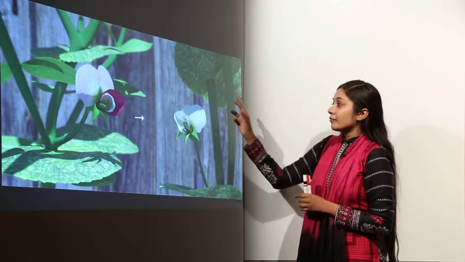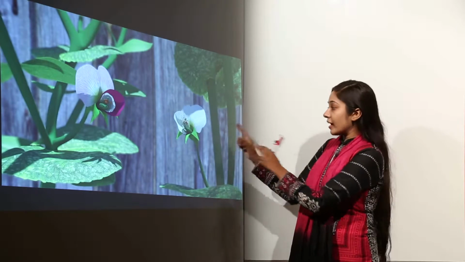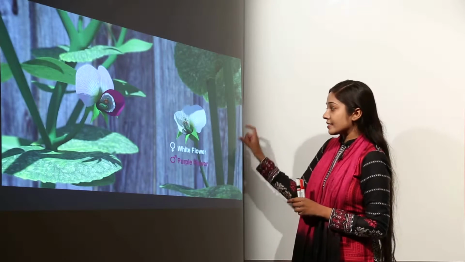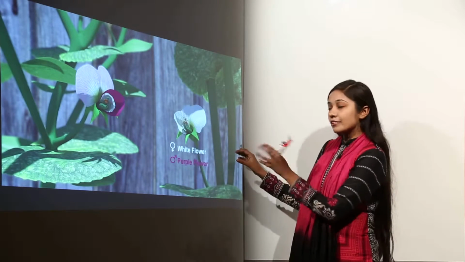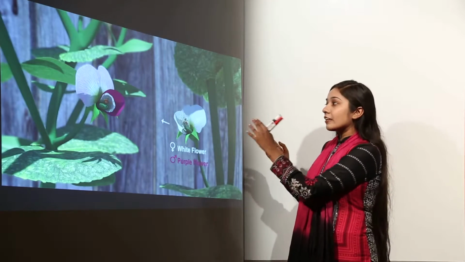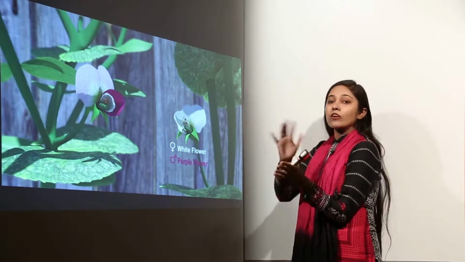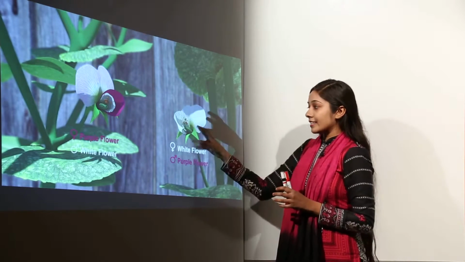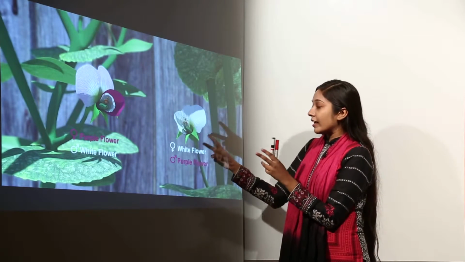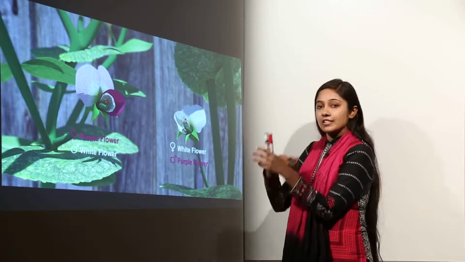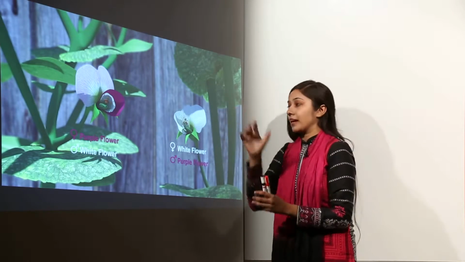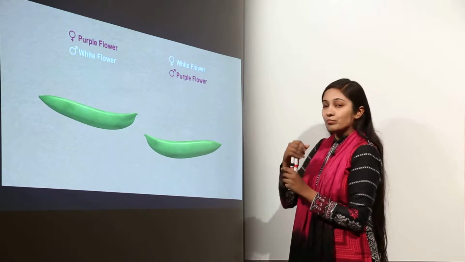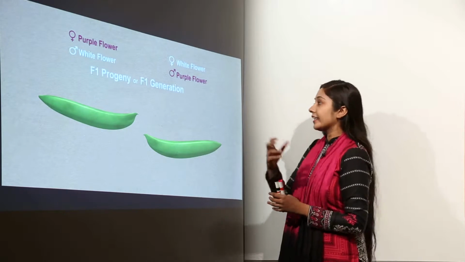When the pollen grains are from purple flower, the white flower is acting as the mother plant and purple flower is the father plant, because pollen grains are from purple flower. Reciprocal can also happen: white flower as father plant and purple flower as the mother plant. So these types of crosses were made by Mendel to show the principles of inheritance in his experiments.